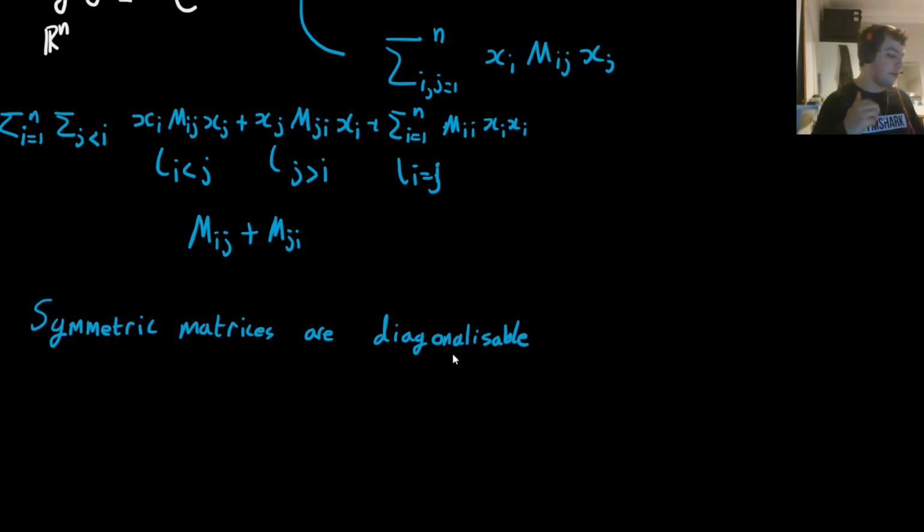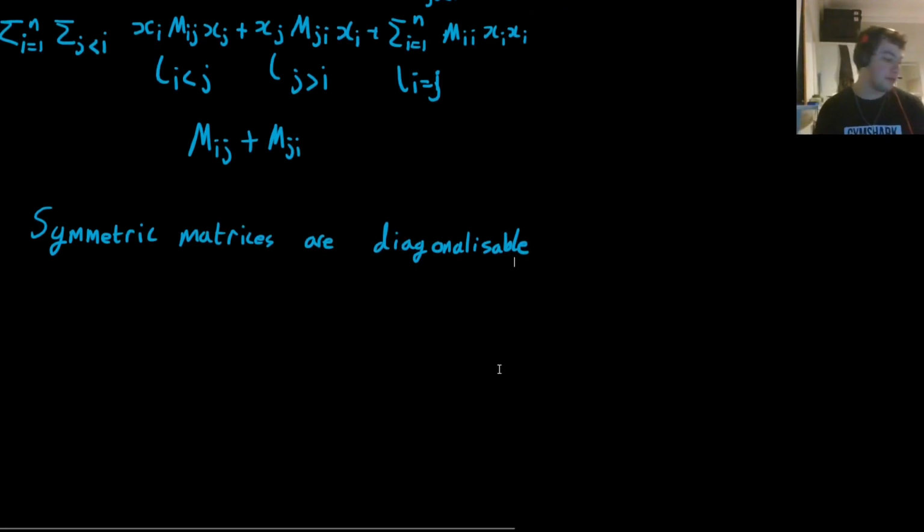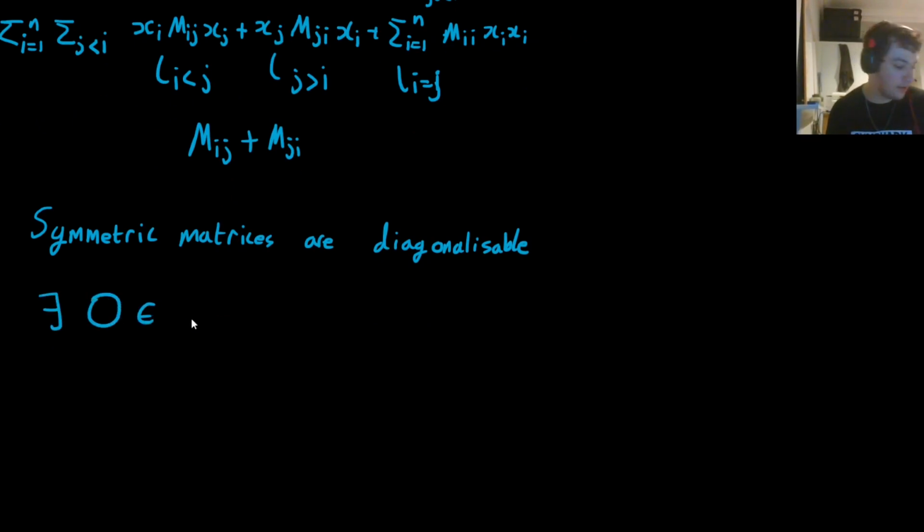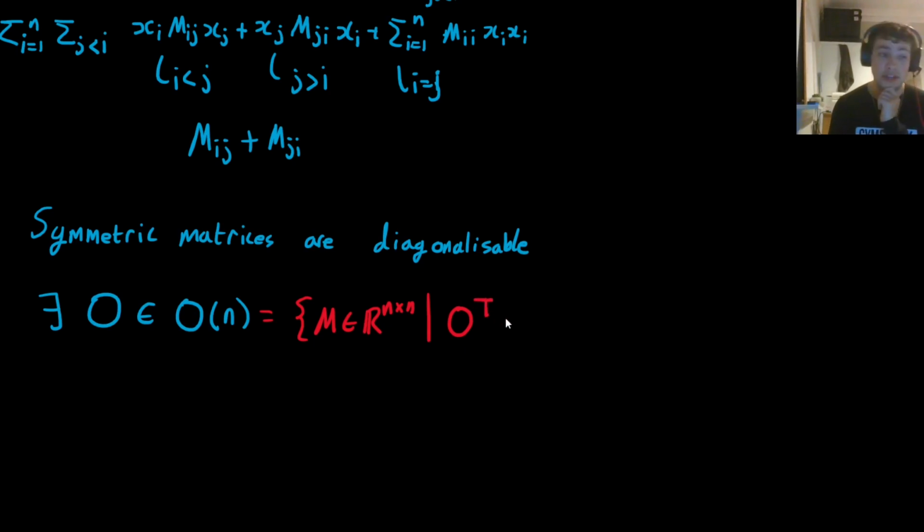It's a theorem from linear algebra that any symmetric real matrix is diagonalizable, which means that we can find some matrix O, which is an orthogonal matrix, so matrices in R^(n times n), such that O transpose times O is the identity matrix.